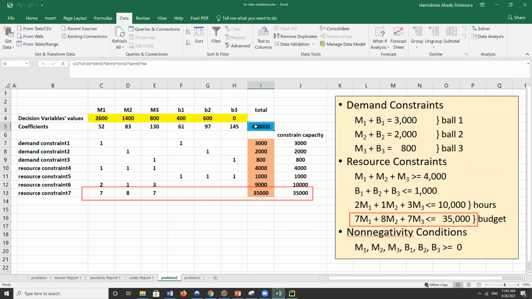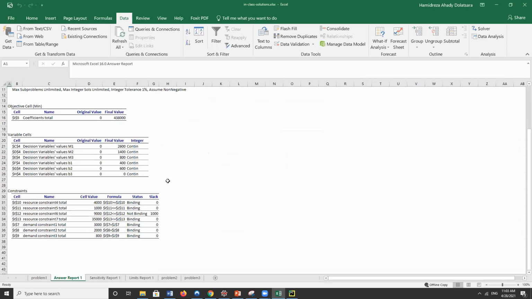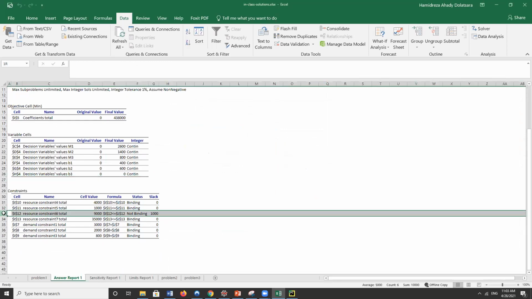Okay, this is the final answer, objective function. Let's look at the reports. We just have one non-binding constraint, this one, J12.